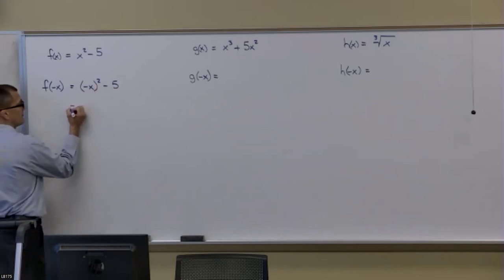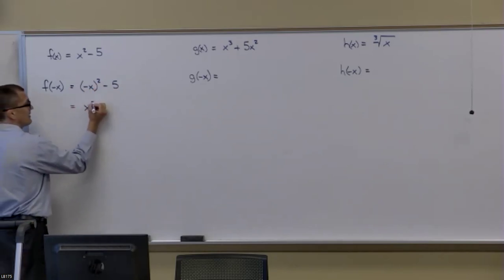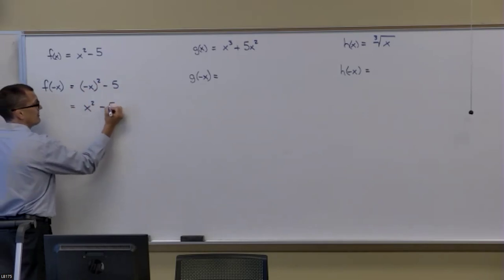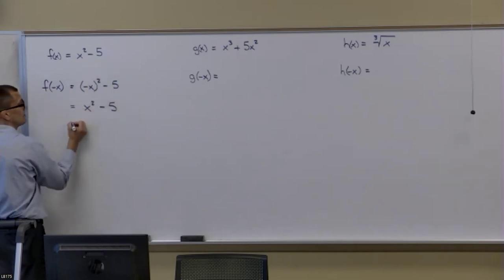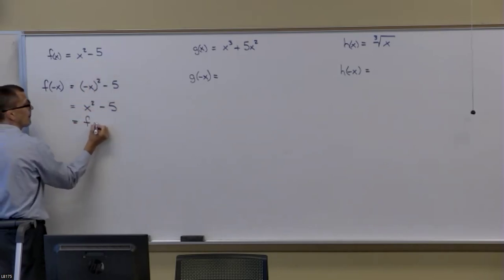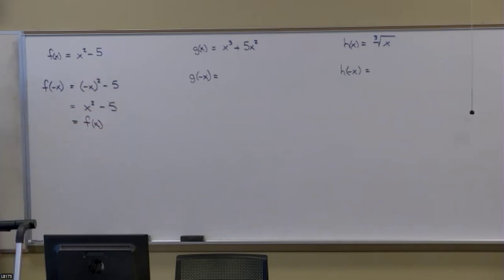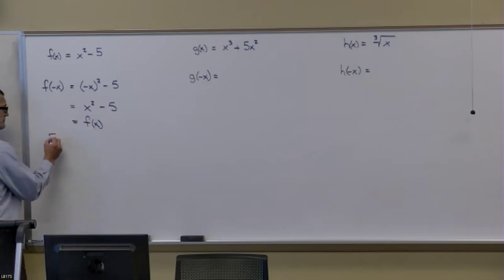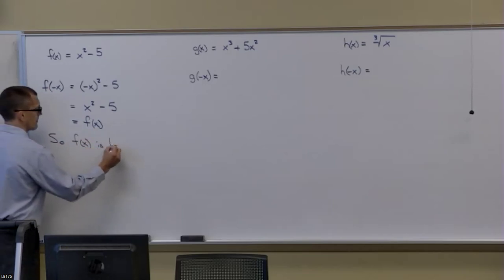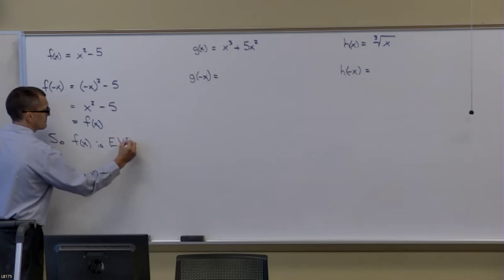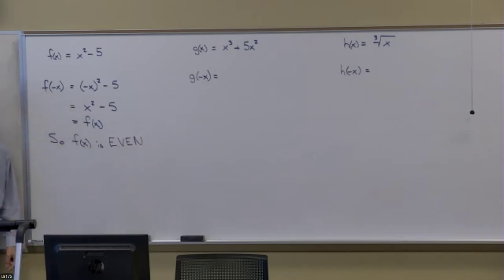So that is the same thing as x squared minus 5, which is my original f of x. Since f of -x is equal to f of x, I know this function is even.